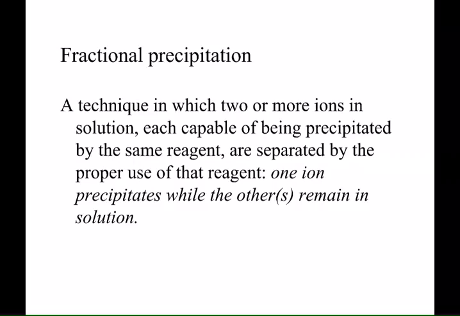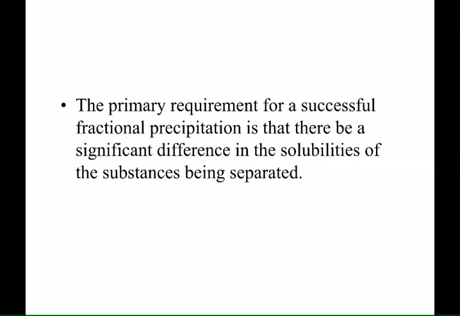Usually you add some sort of reagent to this pot, and we're going to actually use a burette here in a minute. This reagent has an anion, and you have two cations that would precipitate with it, but one precipitates before the other. One is less soluble, the other is more soluble. So that's the fractional precipitation. It's kind of fun.